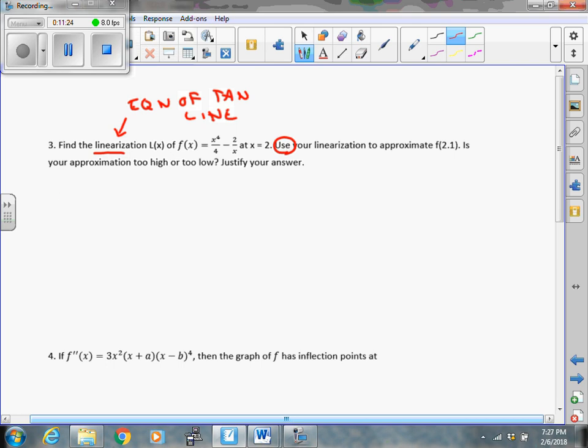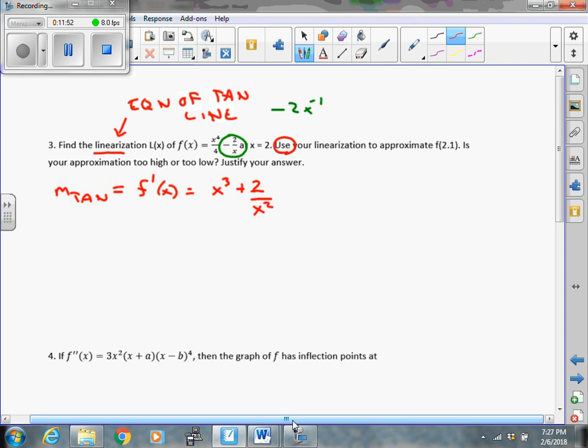So I'm going to find my slope by taking the derivative of f, which is going to give me, if I put the 4 in front, just x cubed. Now again, remember, there's that fraction thing again. Subtract 2x to the negative 1, giving me plus 2 over x squared.